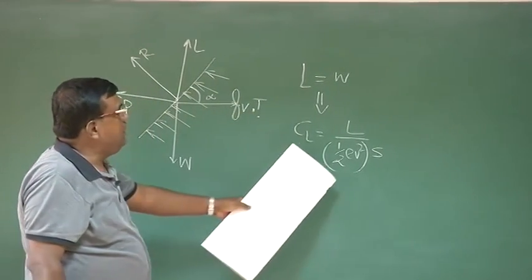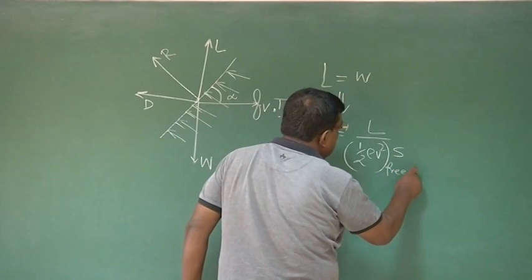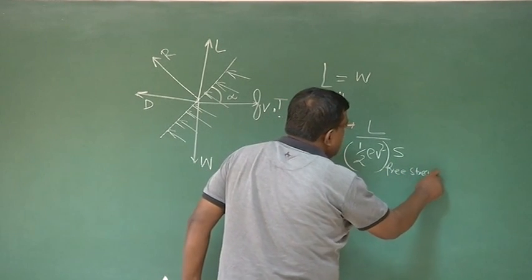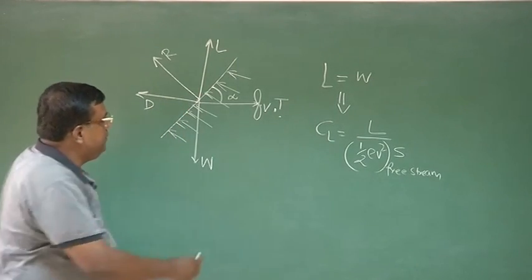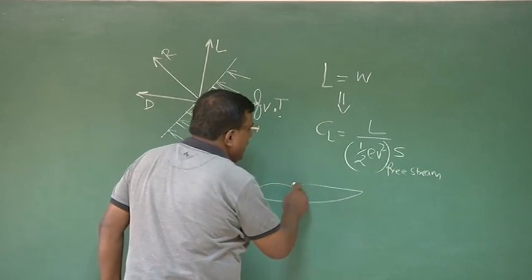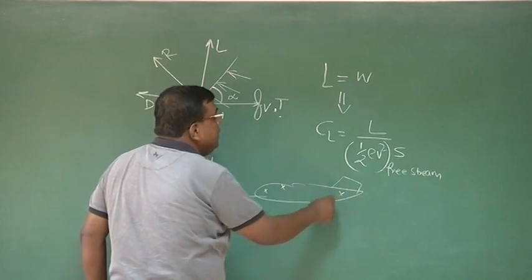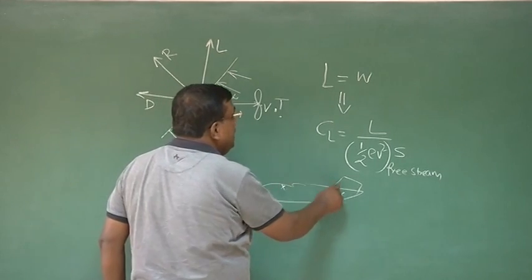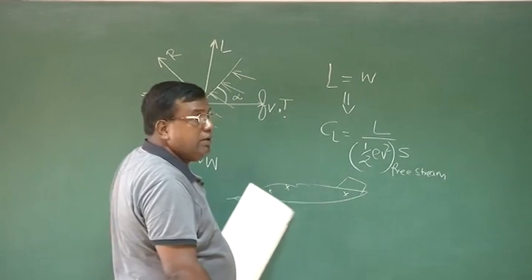And when you say the dynamic pressure, we talked about free stream dynamic pressure, because we realized that the velocity at different points will be different. If it is an aircraft moving like this, velocity here, here, here, or the dynamic pressure here, here, here, all will be different. So when I non-dimensionalize this, which dynamic pressure do I take?